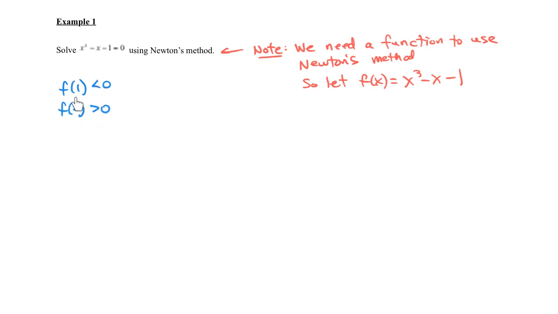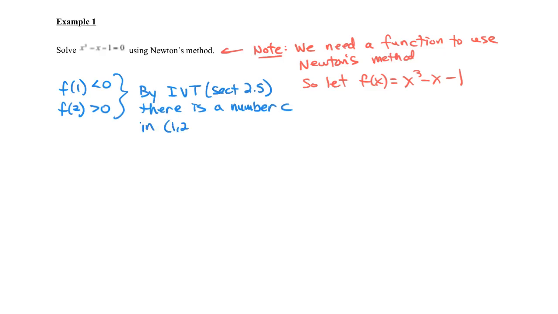So basically it's saying at 1 it's negative, at 2 it's positive, so there must be some number between 1 and 2 where it's equal to 0. You may remember that, but we talked about that in section 2.5, so we can say by the intermediate value theorem from section 2.5, there is a number, we'll call it c, in this interval 1, 2, such that f of c equals 0.